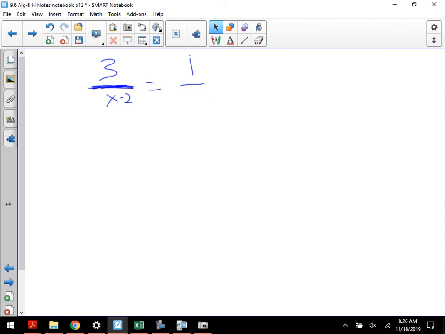So I have 1/4, and I just rewrite it. Cross multiply. Is that an okay solution? Yes. And it works. When you have your cross multiply ones, that's the beauty and fastest.